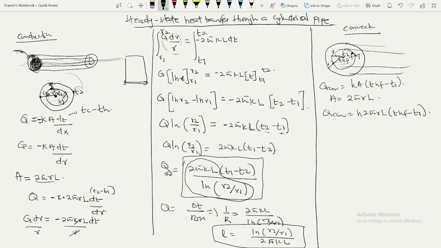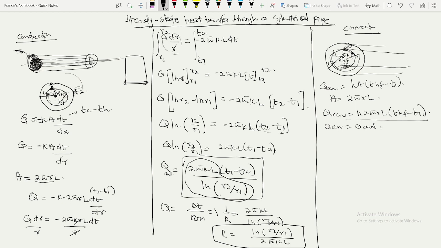Now this heat of convection from the hot fluid to the inner surface of the pipe should be the same as the heat from the inner surface of the pipe to the outer, and that was by conduction. We can say heat of convection is equal to heat of conduction.